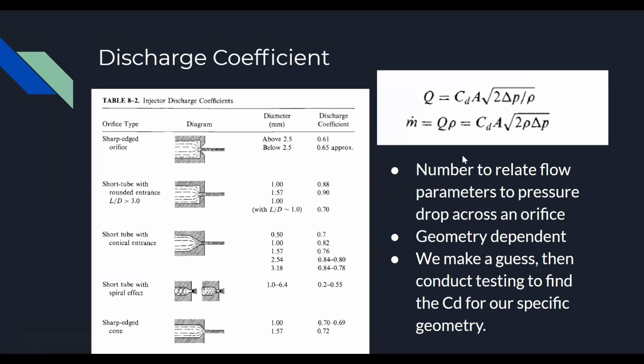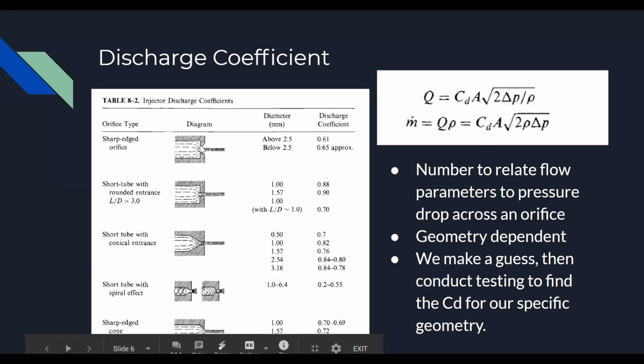So the discharge coefficient is basically a number that we come up with that has no units, to relate the flow parameters, like flow rates and properties of the flow, to the pressure drop across an orifice. And it's dependent on the geometry.